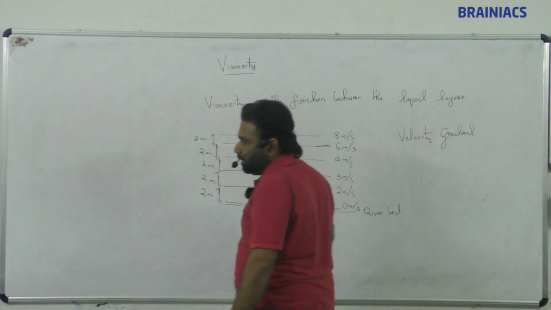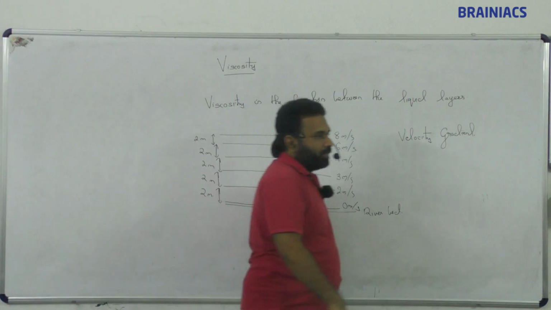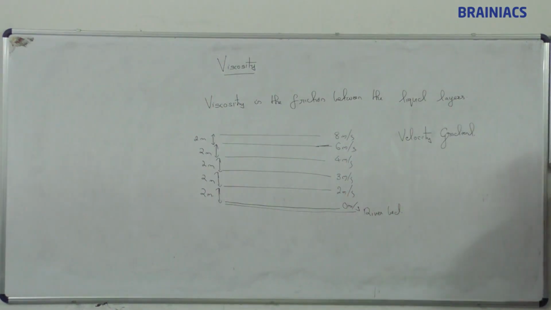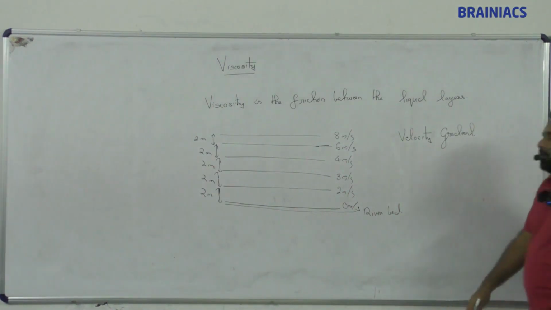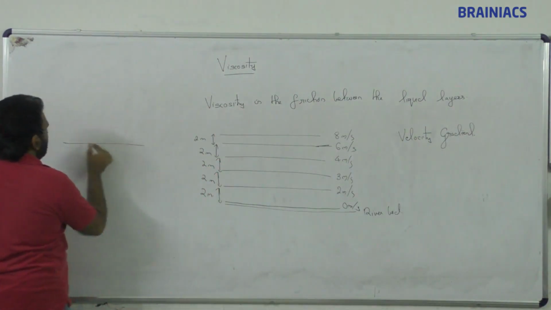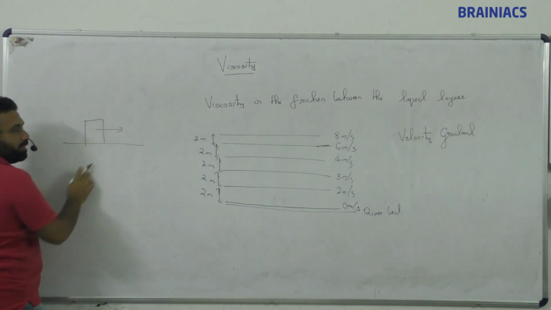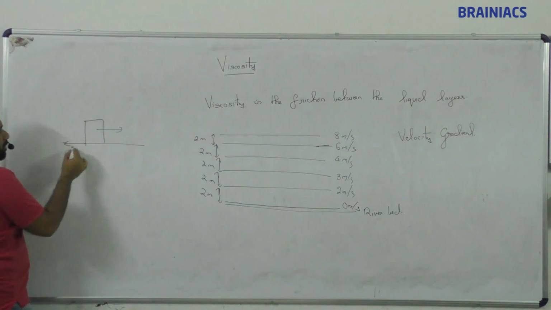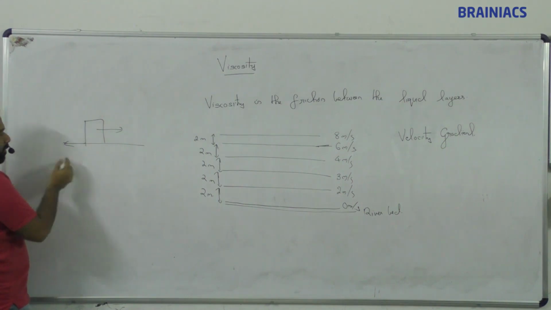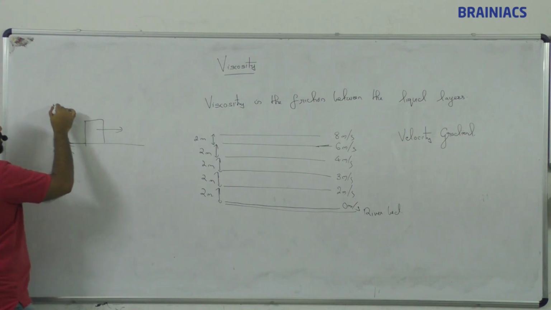Velocity gradient. Clear? So this viscosity depends on velocity gradient also. And we know, suppose in Newton's laws of motion, if the particle is moving in this direction, viscous frictional force will be moving in the opposite direction, and we used to have what?